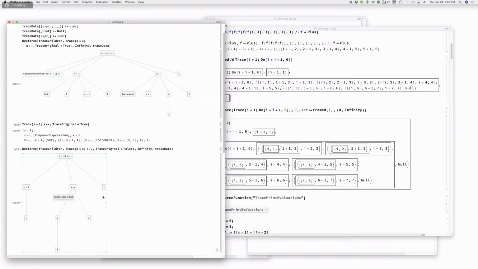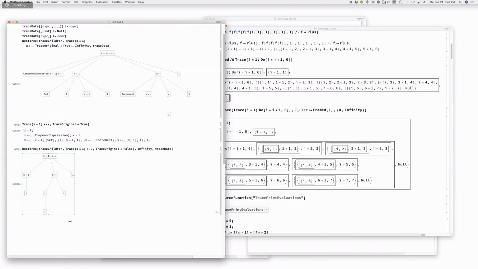Is this helpful? Let's try to understand this first. x equals 1 gives 1. Then x plus plus evaluates x. What is that 1 doing there? Is that the return value? Oh, I see. x gives 1, and then this is the return value there.